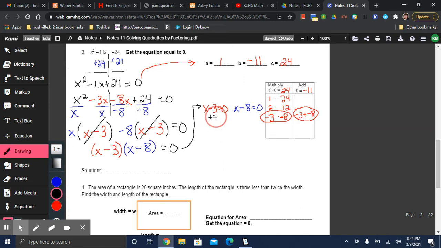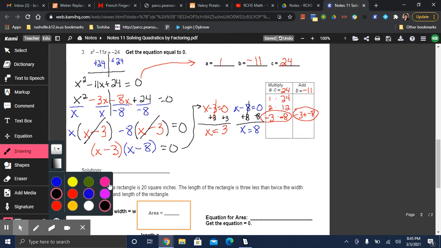I can add 3 to both sides of my equal sign and end up with the 3's canceling there to give me x equals 3. And then for my other one, I can add 8 to both sides of the equal sign. So my 8's will cancel, ending up with x equals 8.